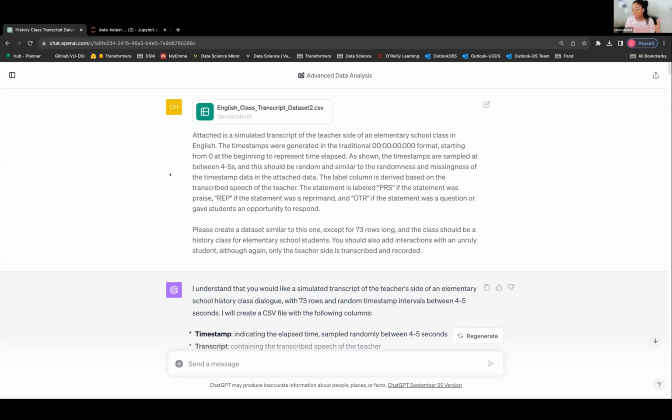We want to tell it maybe what kind of day the teacher is having, and then we want to tell it exactly what we want our data set to look like to match what we would get from this teacher observation survey or from this study. So you can see exactly how I've chosen to generate such a thing using advanced data analysis.